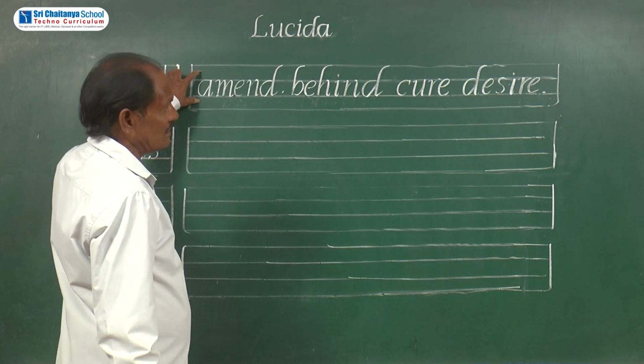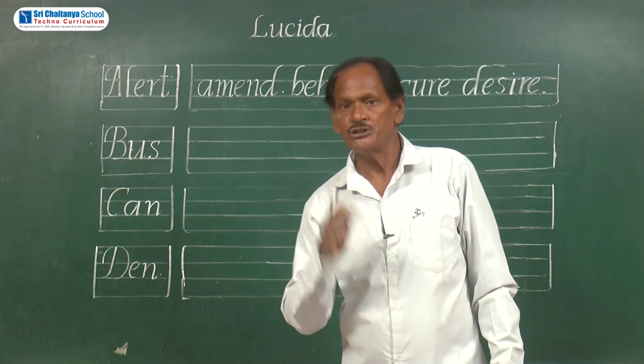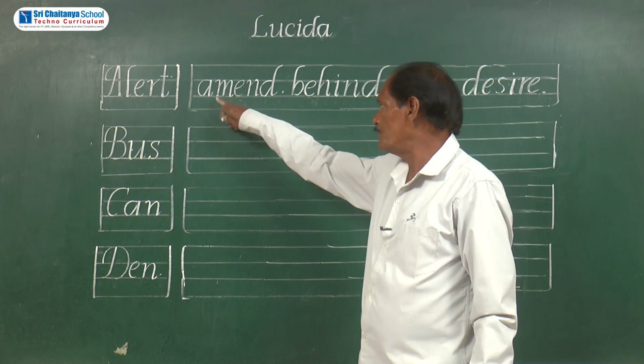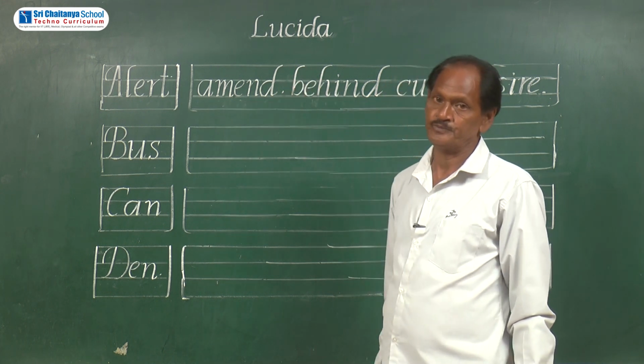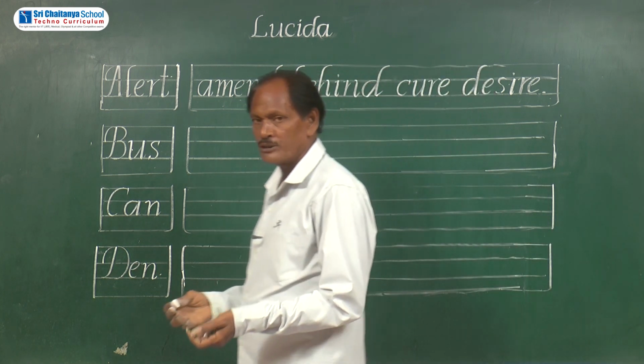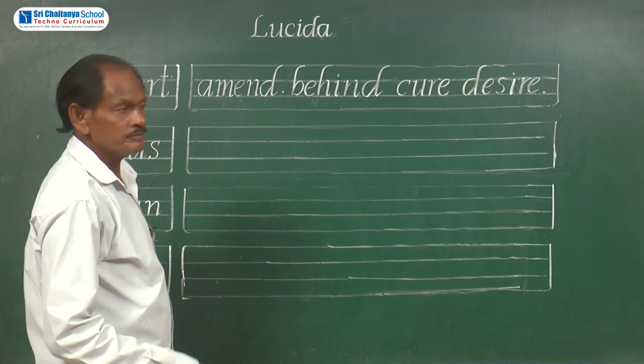This line is only the middle zone and the upper zone letters that I have written in this line. Now I am going to write only middle zone.